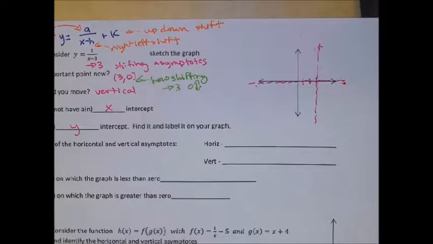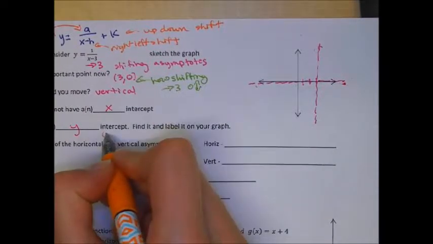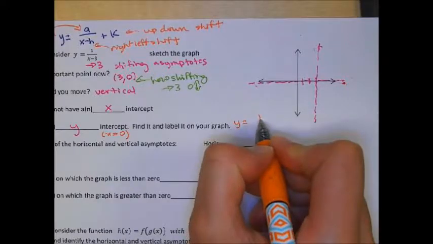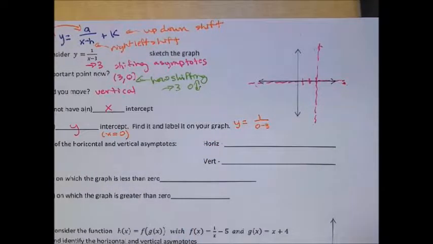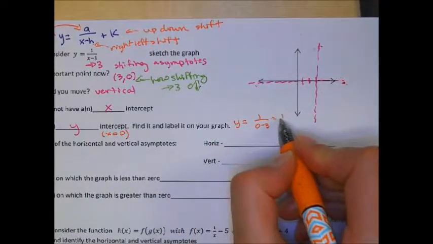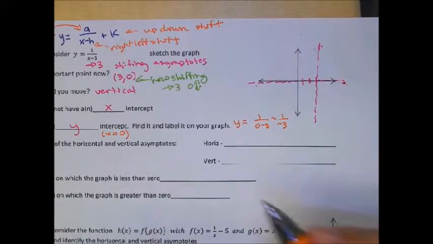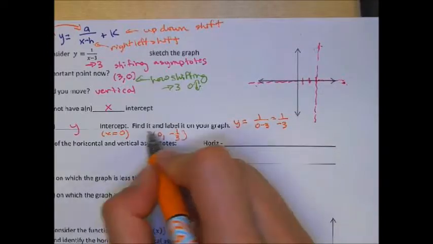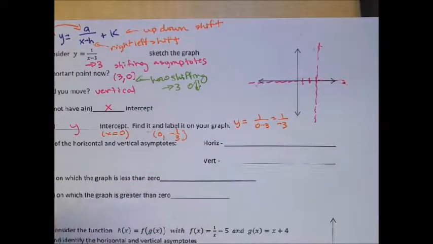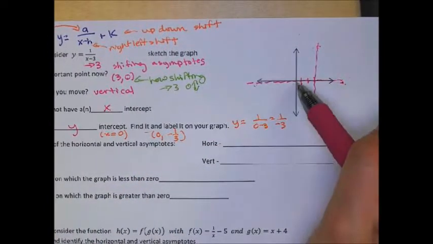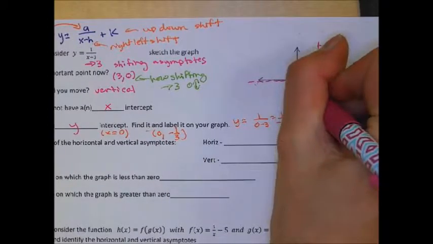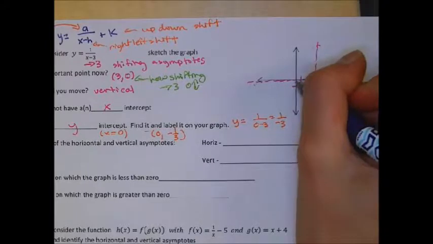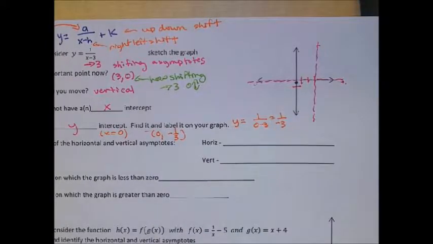Let's go ahead and find it. How do we find a y-intercept? Make x equal to 0. y equals 1 over 0 minus 3, 1 over negative 3. So that point is (0, negative 1/3). Find it and label it on the graph. (0, negative 1/3). Looks like it's about right there.